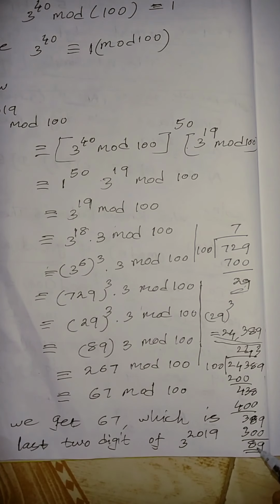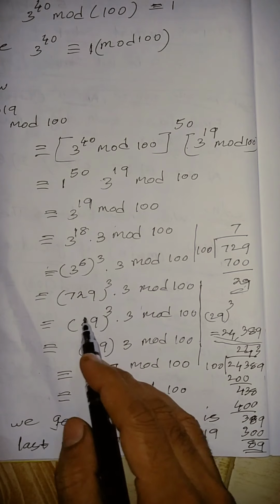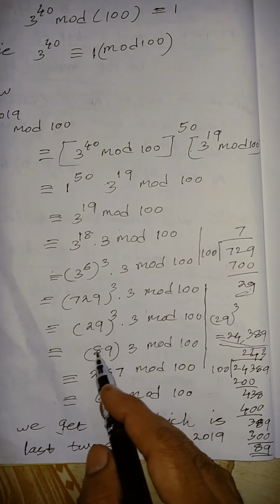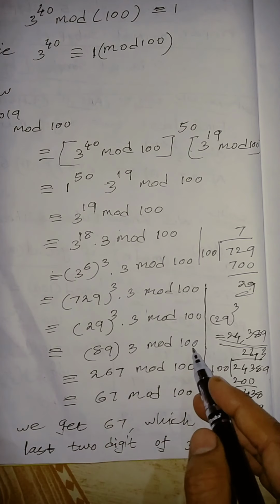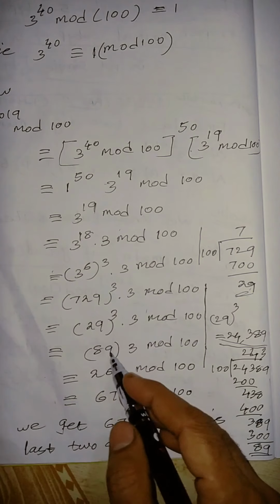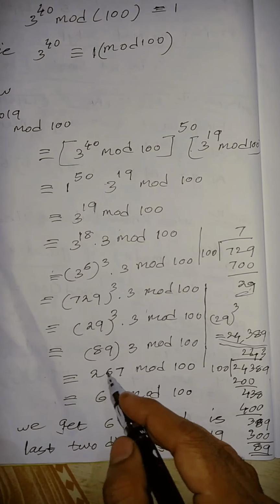What is the remainder finally? 89. So as per the congruence rule, we can write 89 into 3 mod 100. Then multiply these two, 89 into 3. Finally we get 267.